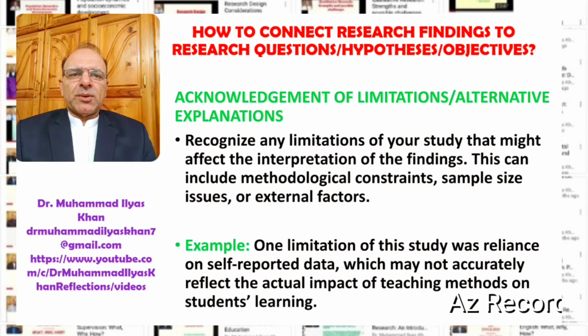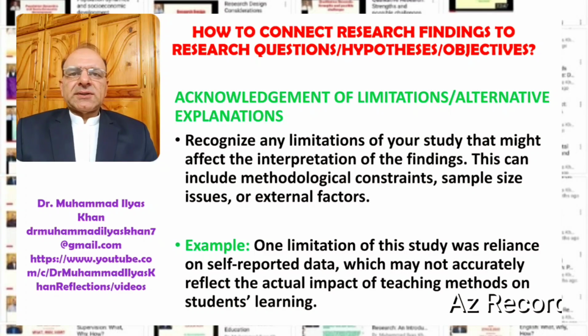reliance on self-reported data. As you know, in many cases in social science research, we rely on self-reported data. That is data that we get through interviews or questionnaires, based on the perceptions of the respondents. In some cases, this might not accurately reflect the actual impact of something on something else, for example, the actual impact of teaching methods on students' learning.